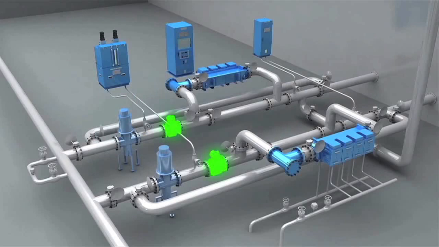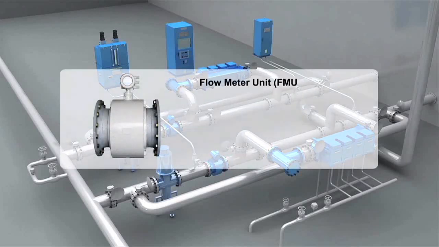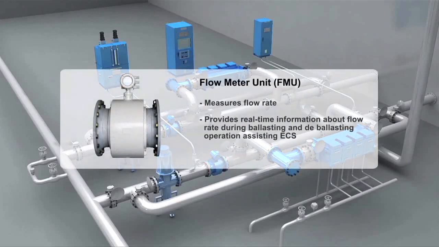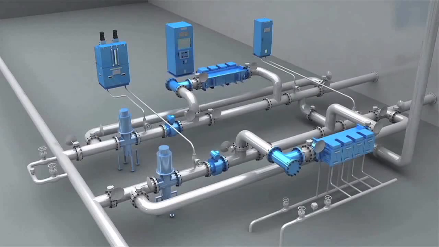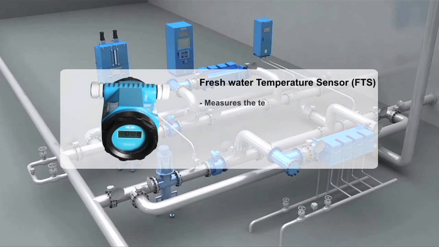It measures flow rate, providing real-time information about flow rate during ballasting and deballasting operation, assisting ECS. It measures the temperature of cooling water which is supplied to the rectifier in real time.